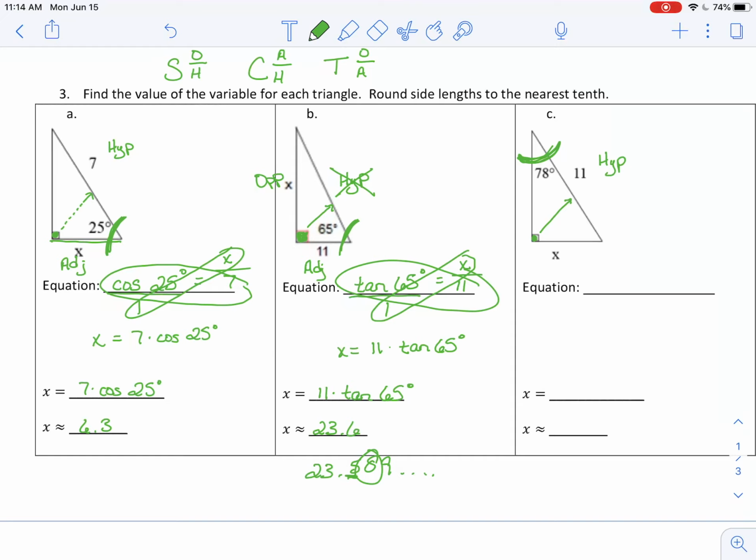So this x is not next to the 78. X is this side, and it's nowhere near the 78. It's on the other side of the triangle. That makes it the opposite leg. The one that's not labeled is the leg that's next to my angle. Therefore, it's the adjacent leg. But it's not labeled, so nobody cares about it.